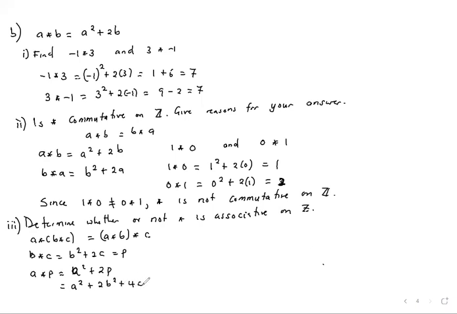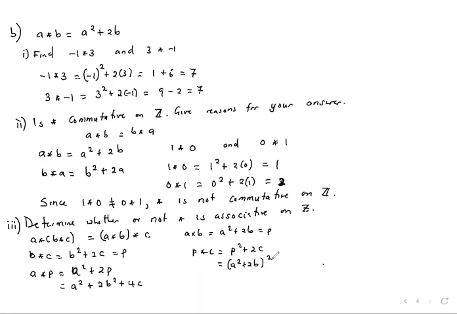Then the other one, A star B, we already know that A star B is A squared plus 2B. So we call it P. So we have P star C, which is P squared plus 2C. But P is A squared plus 2B.